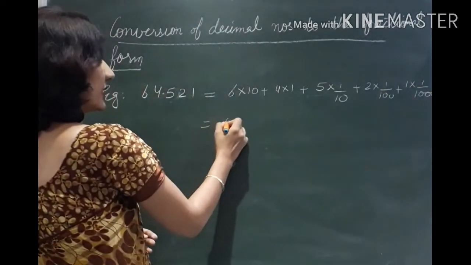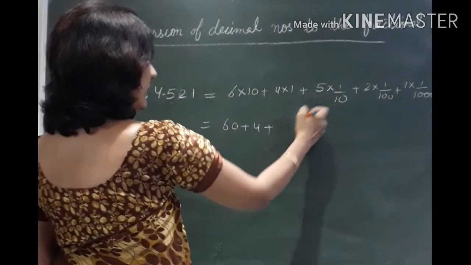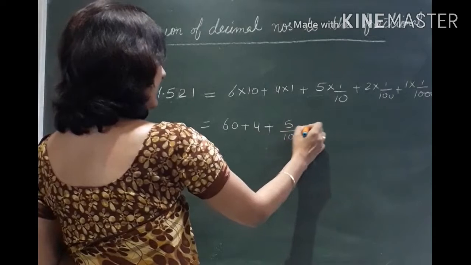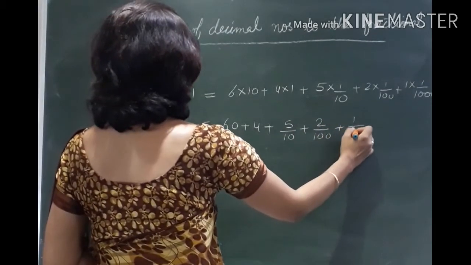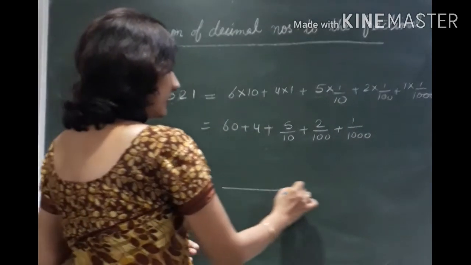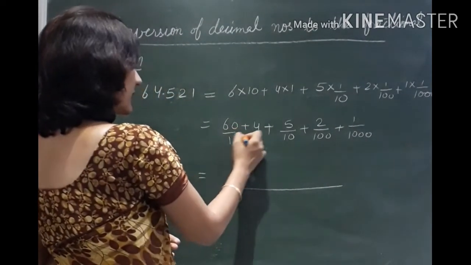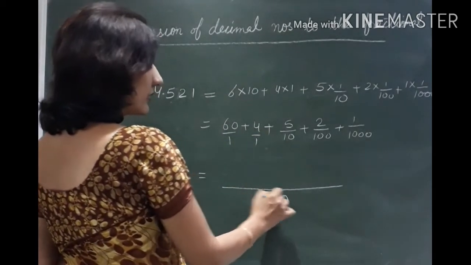Now 6 into 10 is 60 plus 4 into 1 is 4 plus 5 into 1 by 10 is 5 by 10 plus 2 by 100 plus 1 by 1000. Now how will I add this? I will take the LCM. Here nothing is there, which means 1 is in the denominator. So the LCM will be 1000.